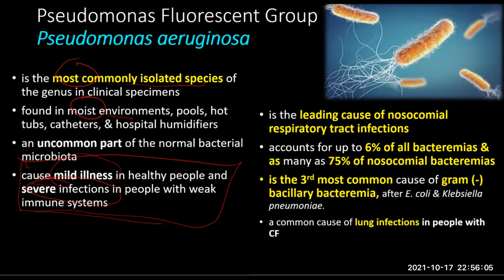Pseudomonas aeruginosa is the leading cause of nosocomial, or hospital-acquired, respiratory tract infections, and it accounts for up to 6% of all bacteremias and as many as 75% of nosocomial bacteremias. It is the third most common cause of gram-negative bacillary bacteremia after Klebsiella pneumoniae and E. coli. And this one is a common cause of lung infections in people suffering from cystic fibrosis.